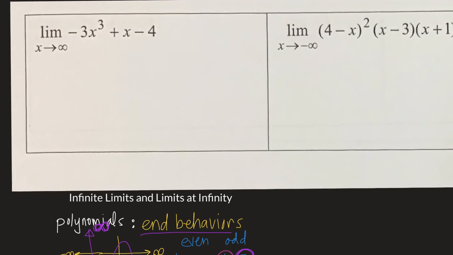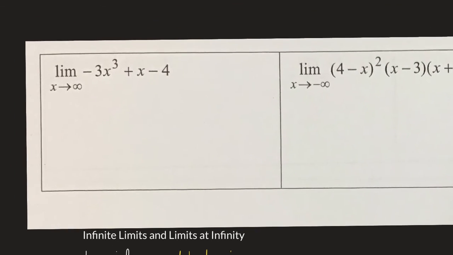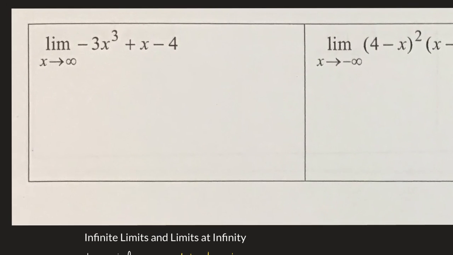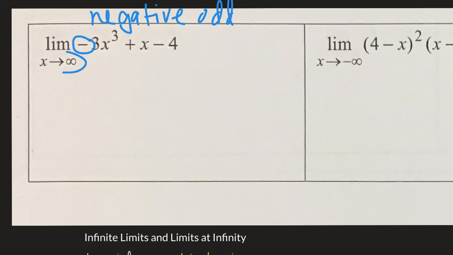So what is the limit for this function as x goes to infinity? Okay, so we want to identify the function. What type of a function is this? This is a negative odd function as x approaches infinity.